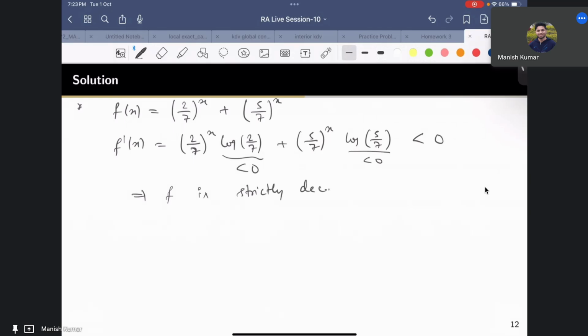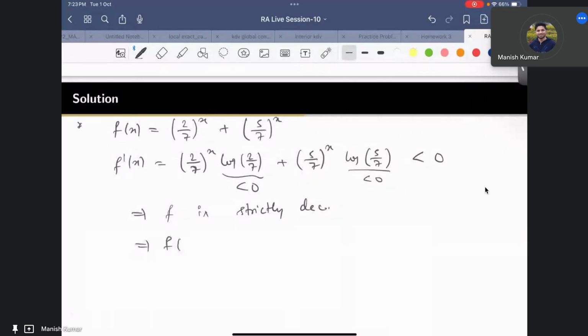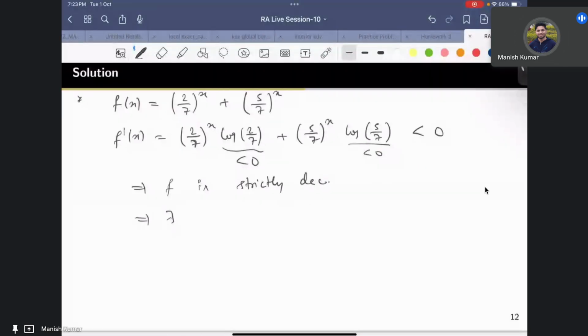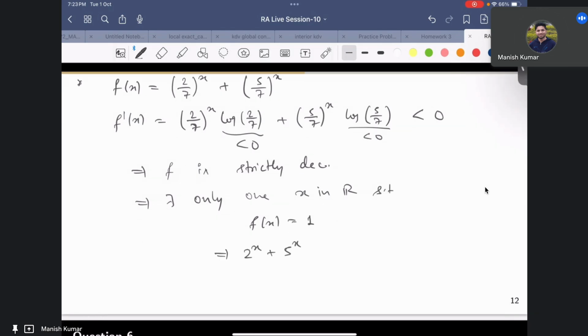So there exists only one x in R such that f(x) = 1. This is another way of saying that 2^x + 5^x = 7^x.